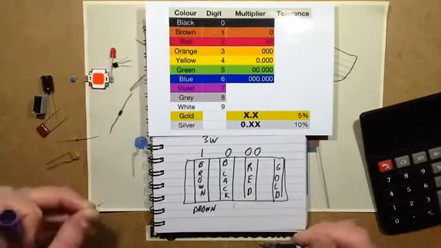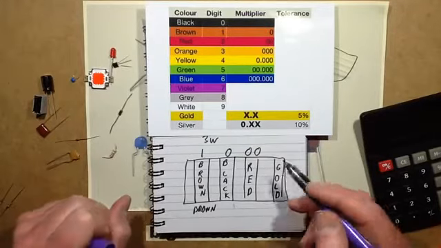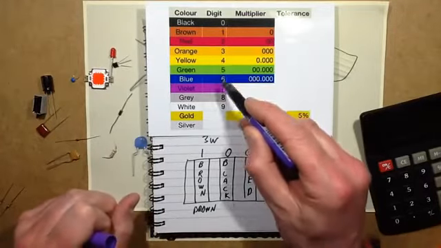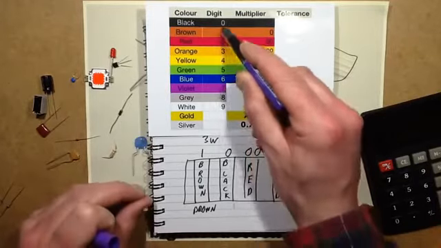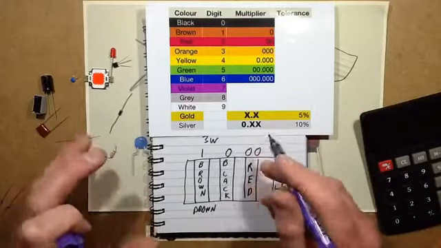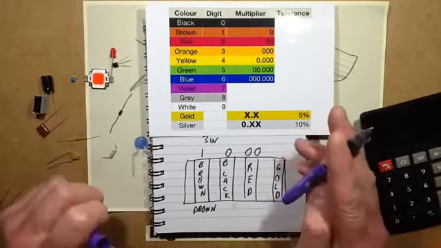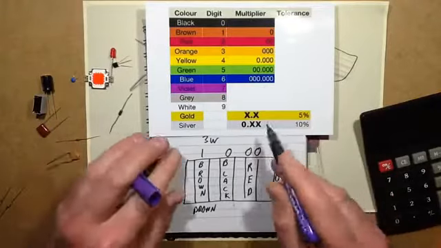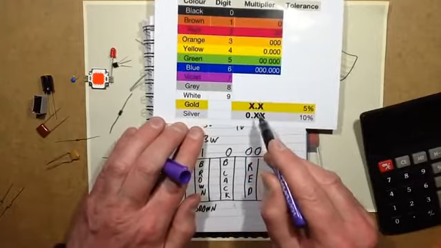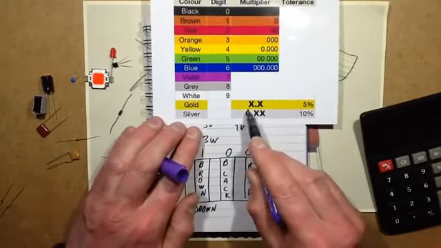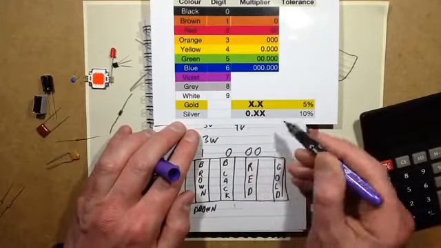If you had a 47 ohm resistor, it would be yellow for the 4, violet for the 7, and then because there are no zeros after that, it would be a black band. Yellow, violet, black would be 47 ohms. If it's going to be a much lower value, like 4.7 ohms, you'll get basically a divider, either gold or silver. If the first two digits are followed by a gold band, it will be first digit, point, second digit.